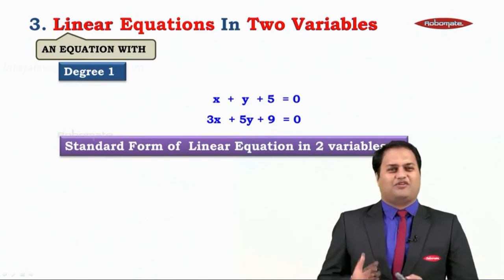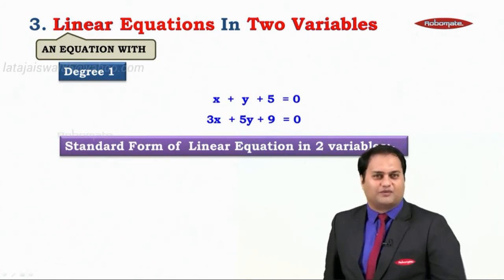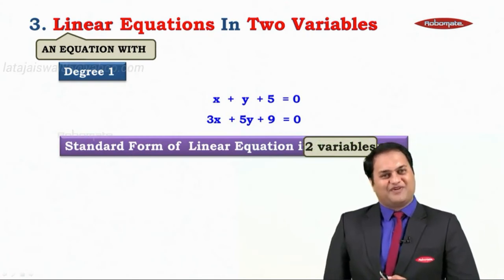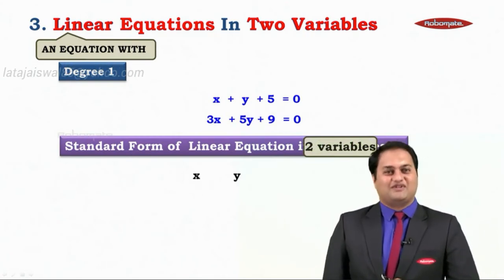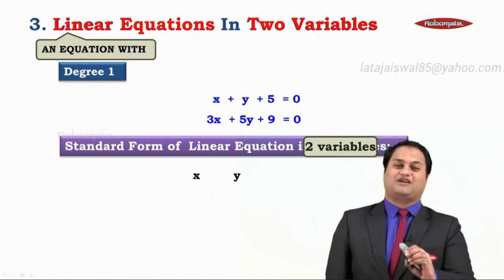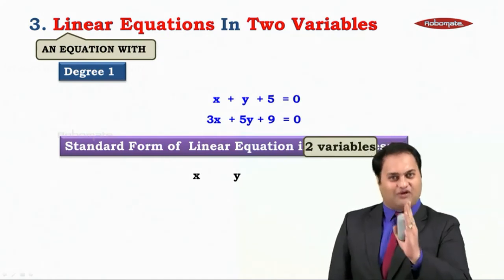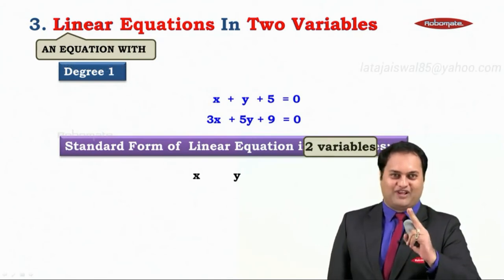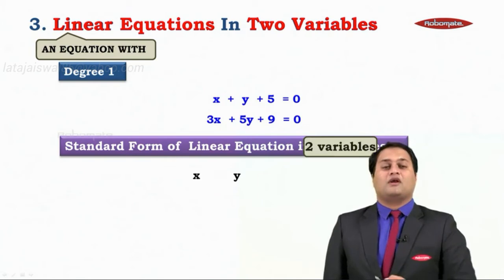Now, what can be the general form of a linear equation in two variables? It should definitely have two variables in it, right? So let's write two variables. And because it is linear, no square, no cube, the highest power should be 1. So x and y with power 1 is a must. Two variables, linear equation.